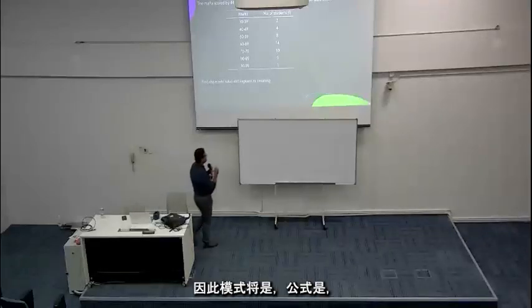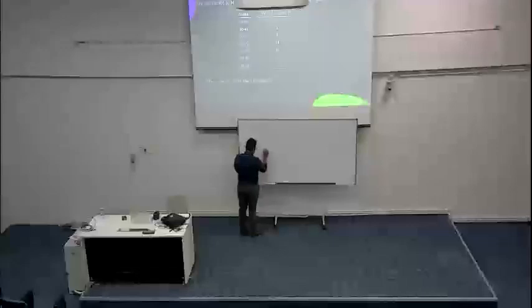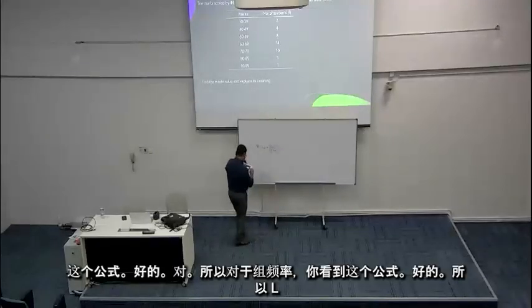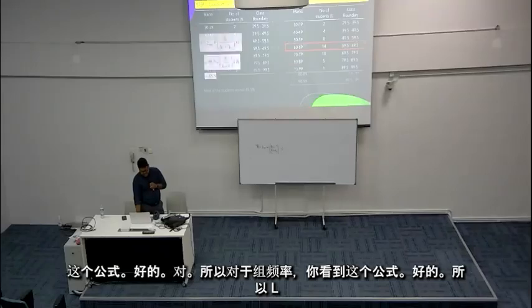Okay, so the mode, the formula is this formula. Okay, right. So for the grouped frequency, you see this formula.